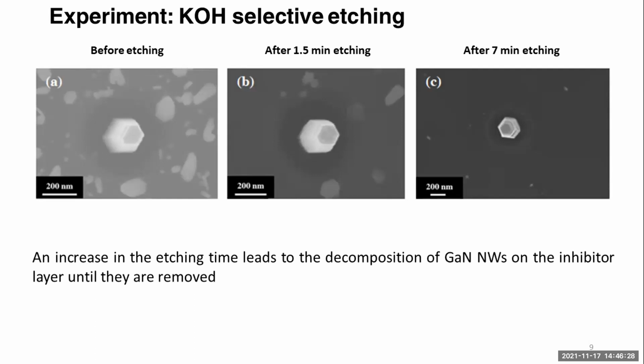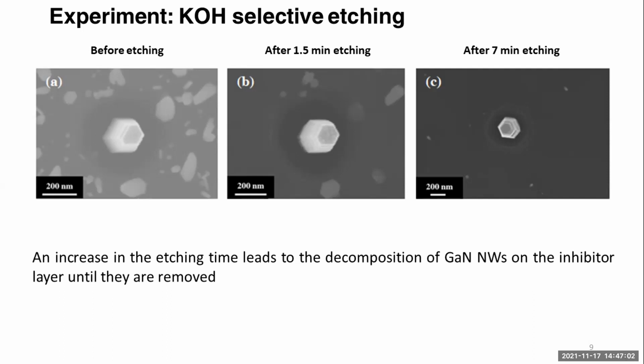So we have studied the influence of etching time on the morphological properties of the nanowires. On the figures, you can see 3 stages of the etching: the morphology of the sample before etching, after 1.5 minutes of etching, and after 7 minutes of etching.